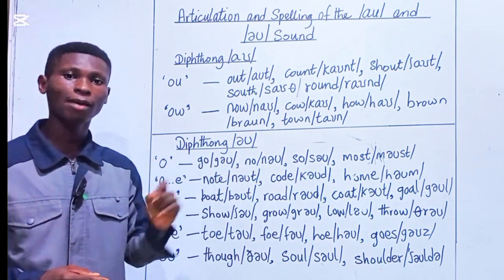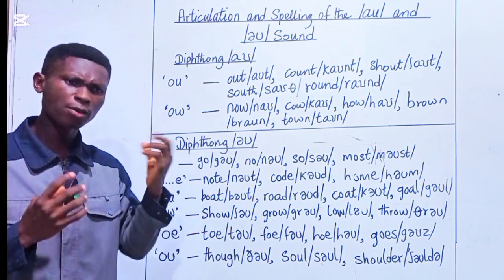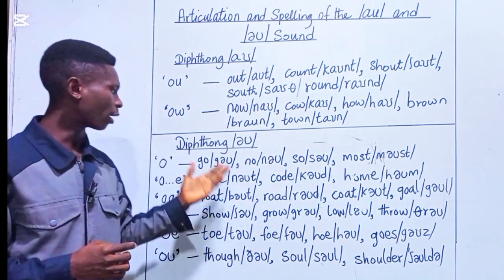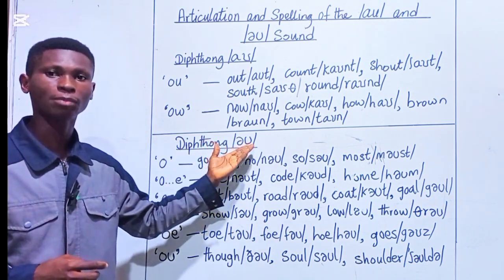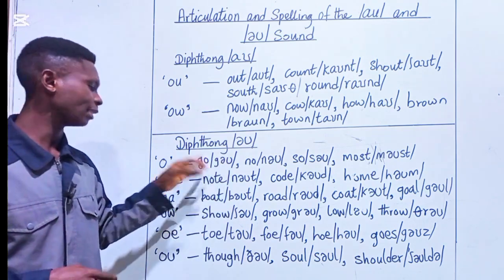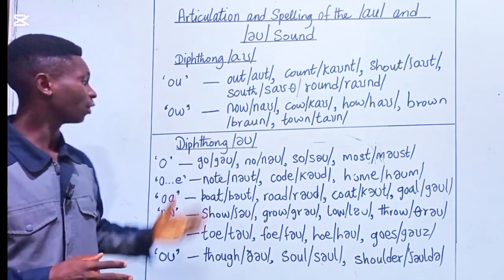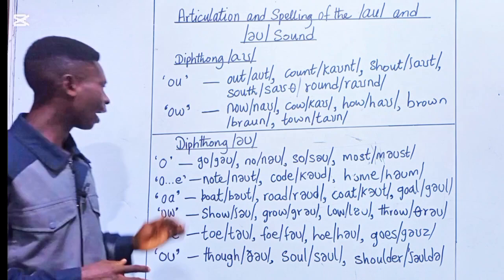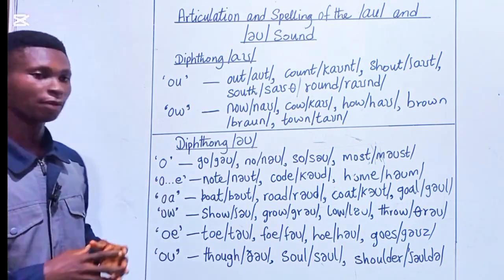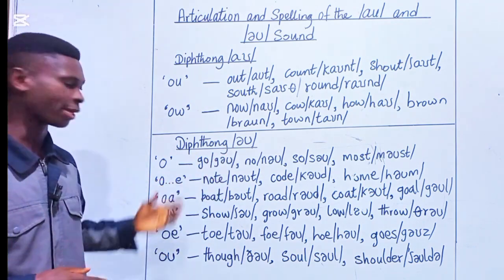There is no sound like O in the English language. So mostly where you have sounds related to O, we are likely to have this particular diphthong. So instead of having this letter, we have the diphthong /əʊ/. So this is the sound. Again, we have another grapheme for the /əʊ/ sound, which is O-consonant-E.